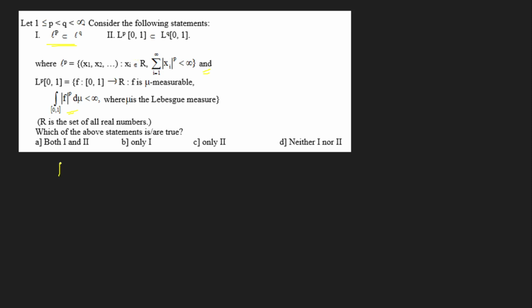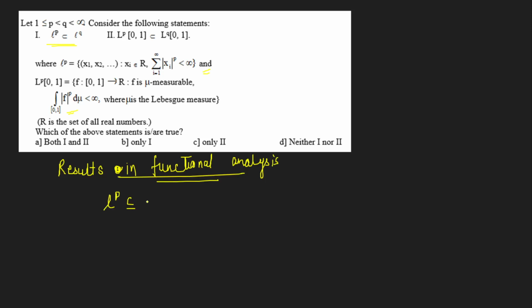So we have some results in functional analysis. This is completely based on the results which we have in functional analysis. These results can directly solve this problem, and if you have studied functional analysis, you will know this, that l_p is contained in l_q if p is less than or equal to q, right?